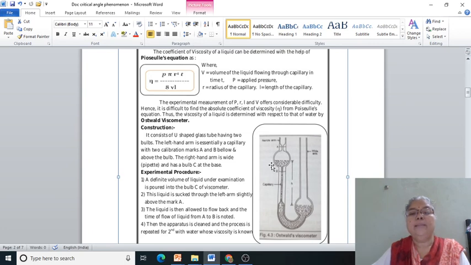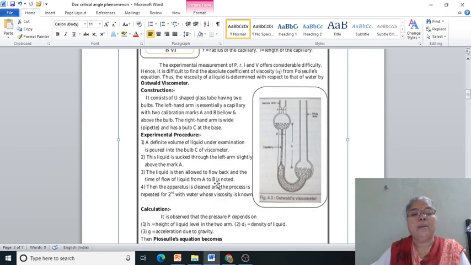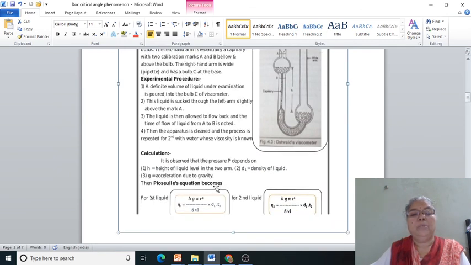bulb. Then this bulb is provided with a rubber tubing. With the help of the rubber tube, the liquid is sucked a little above the upper mark, and then the time of flow is recorded for the liquid, and by putting these values in Poiseuille's equation, we can determine the viscosity by using this formula.